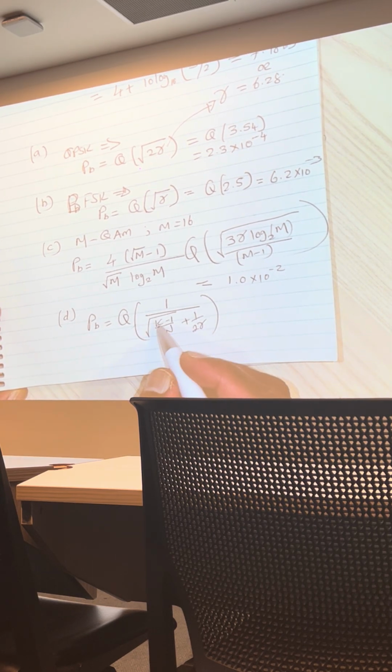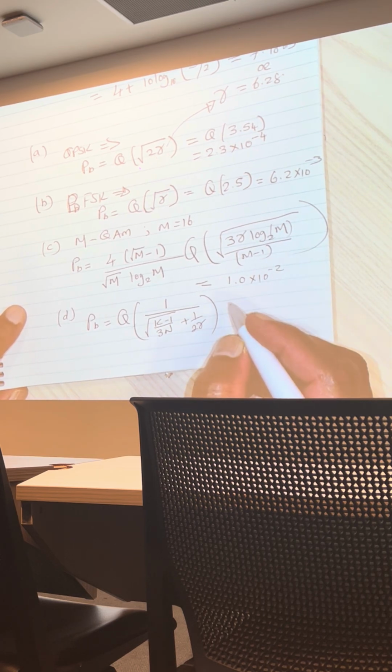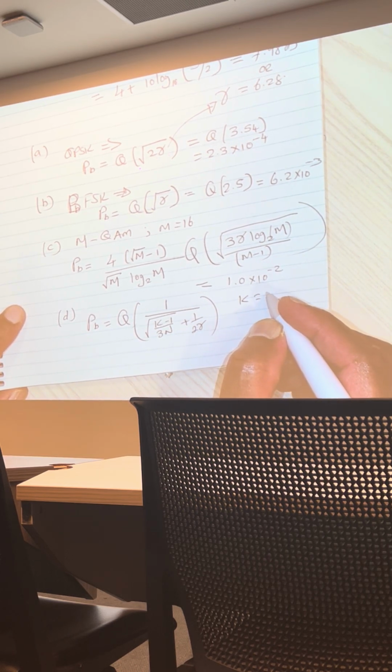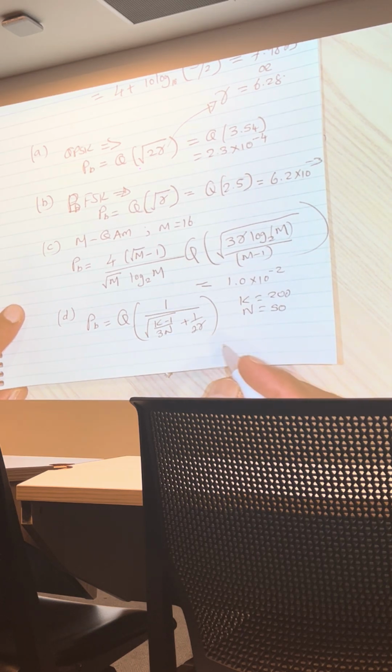So K is given as the processing gain, 200, and the number of users is given as 50. So I think K is given as 200, and the number of users is given as 50, and then you just need to solve for this, right?